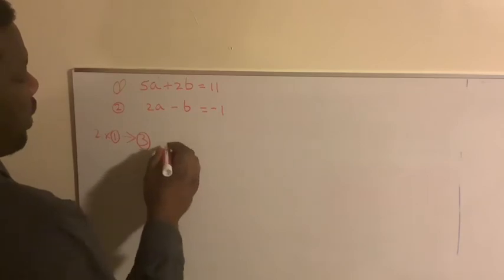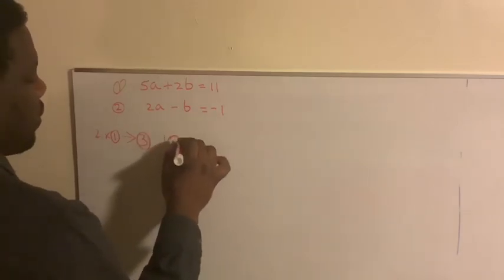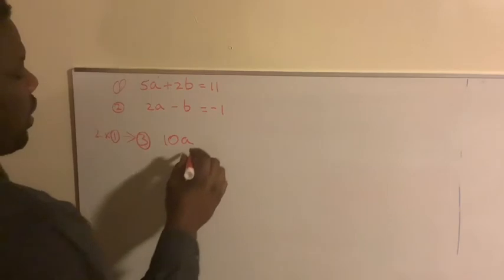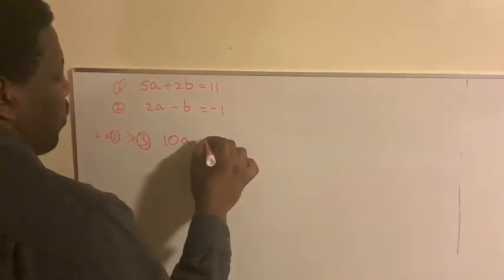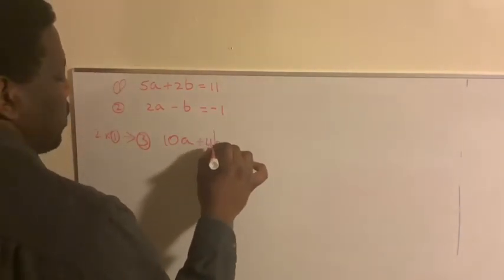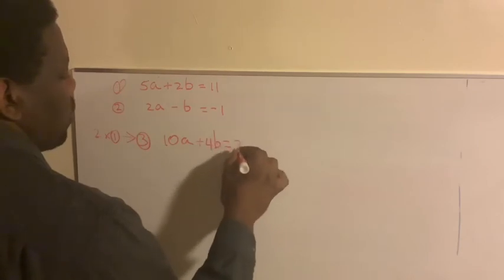2 times 5a is 10a. 2 times 2b equals 4b. 2 times 11 equals 22.